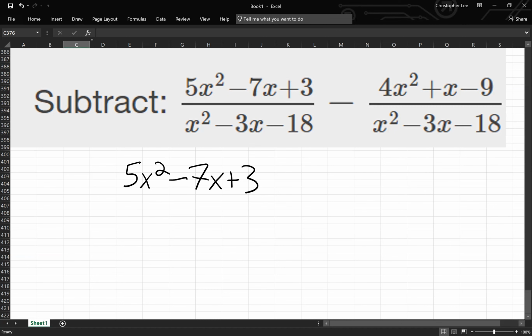The numerators are different, the denominators are the same. You don't remember? Not multiply. I want to subtract them, so what do I do?